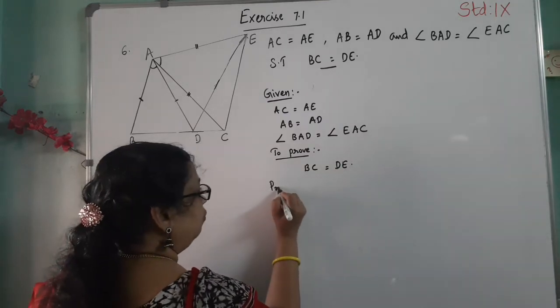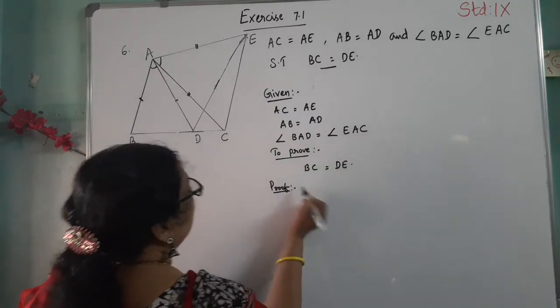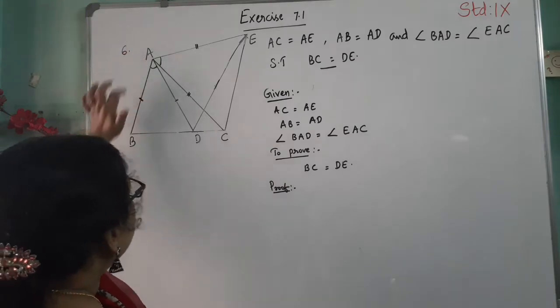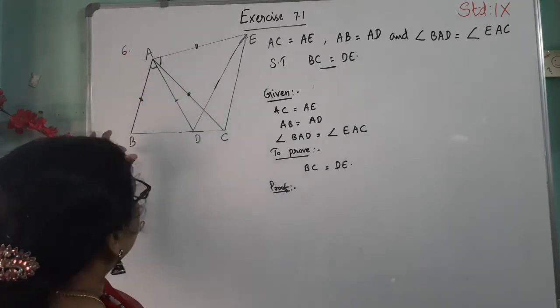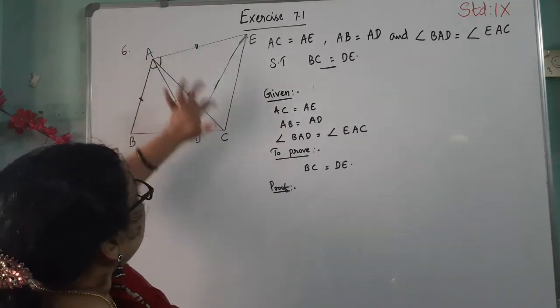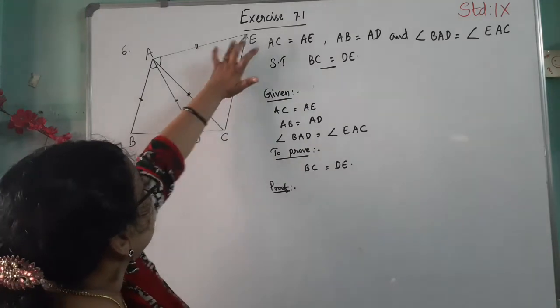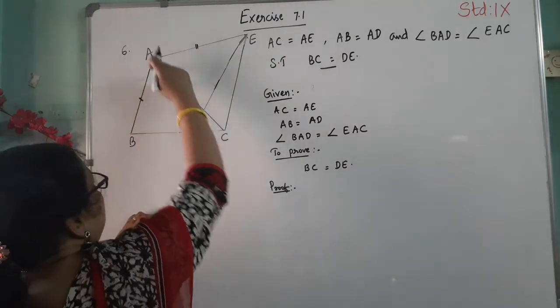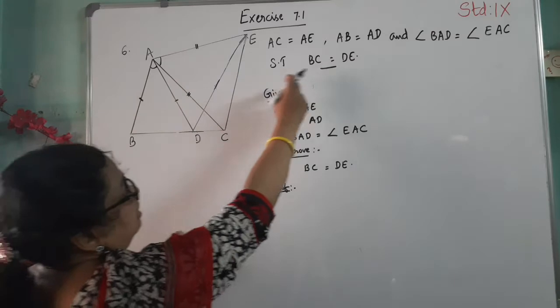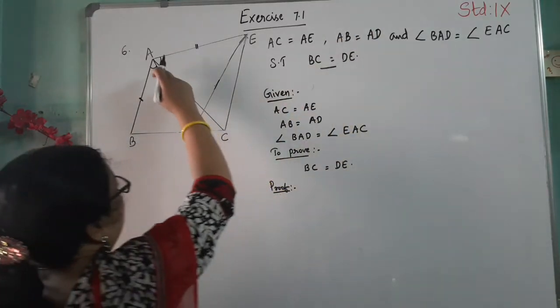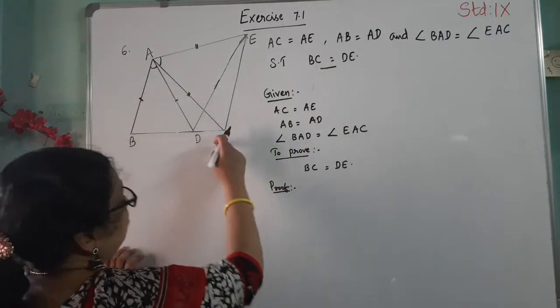Then we can prove. Consider triangle ABC and triangle ADE, because AB equal to AD, so we can consider these two triangles.